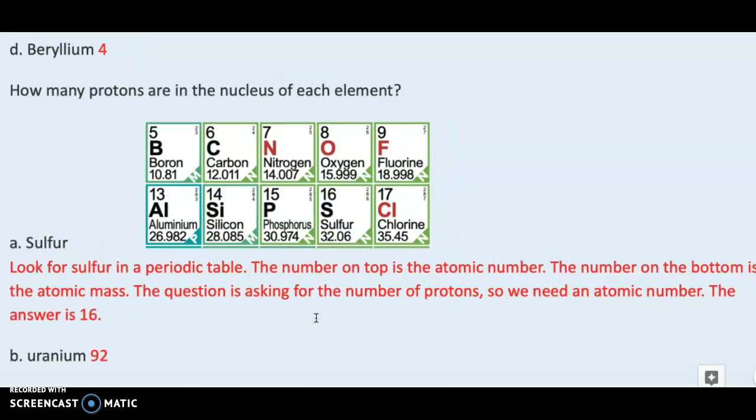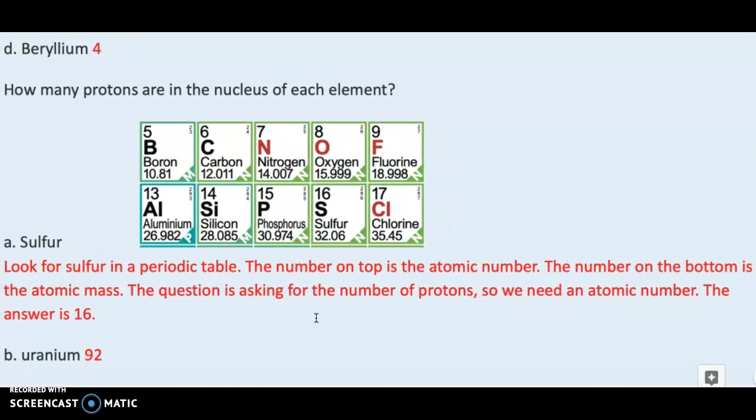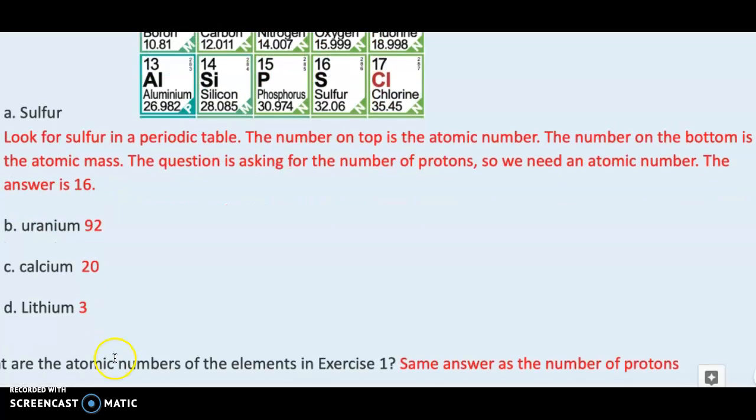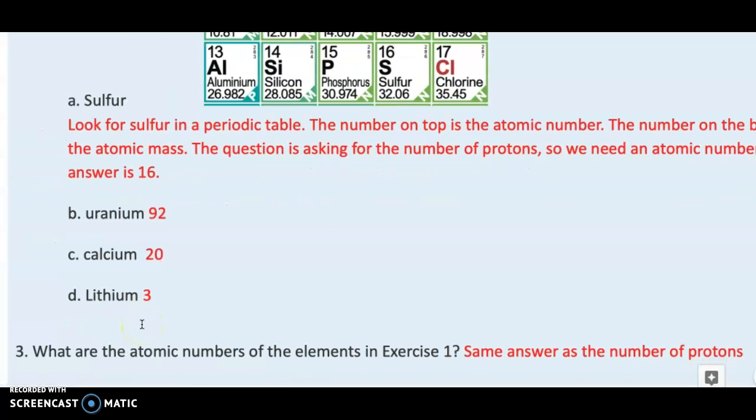Atomic number represents the number of your protons. Therefore, sulfur has 16. If you look in the periodic table, you'll see that uranium has an atomic number of 92, therefore 92 protons. Calcium is 20, and lithium is 3.